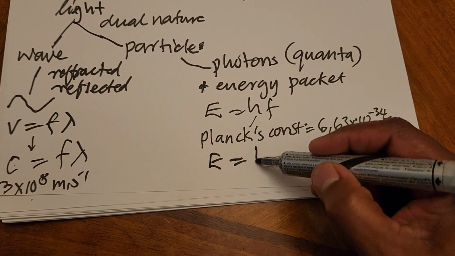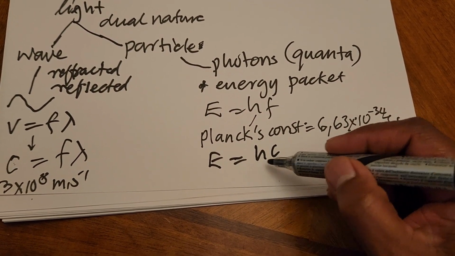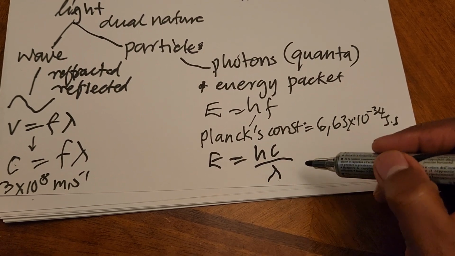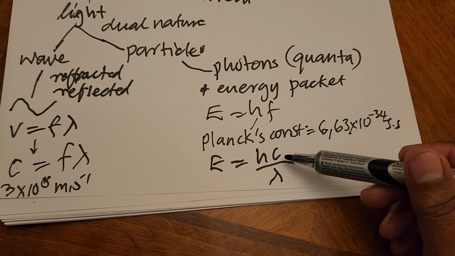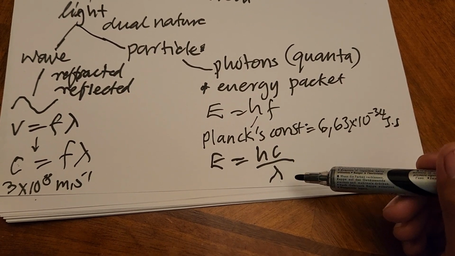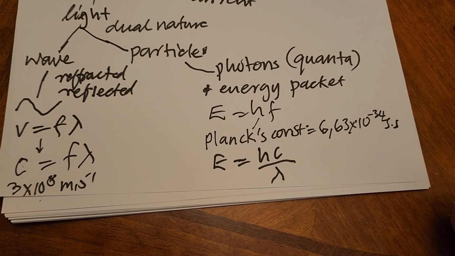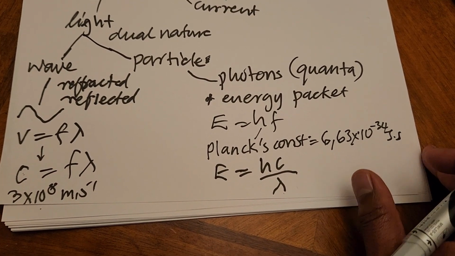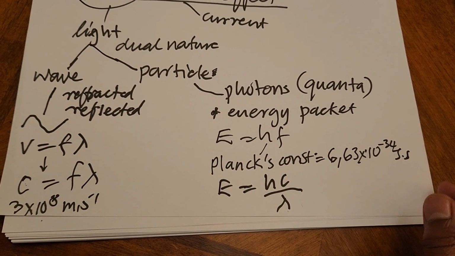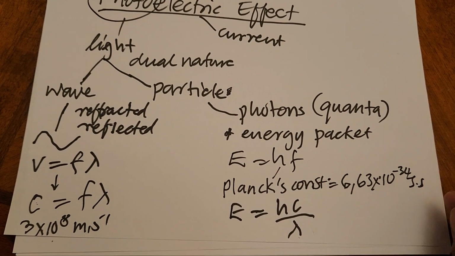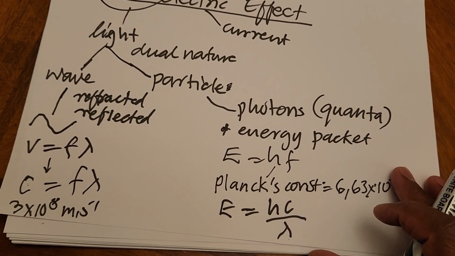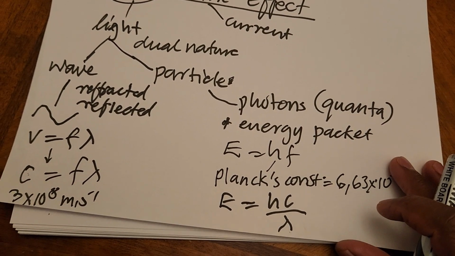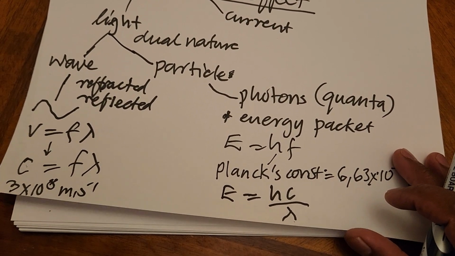Therefore, if given the wavelength, our formula will be hc over lambda, whereby h still remains Planck's constant, c is the speed of light in air, and lambda is the wavelength, which is the distance between two consecutive points in phase, or consecutive crests, or consecutive troughs. Now that is grade 10.